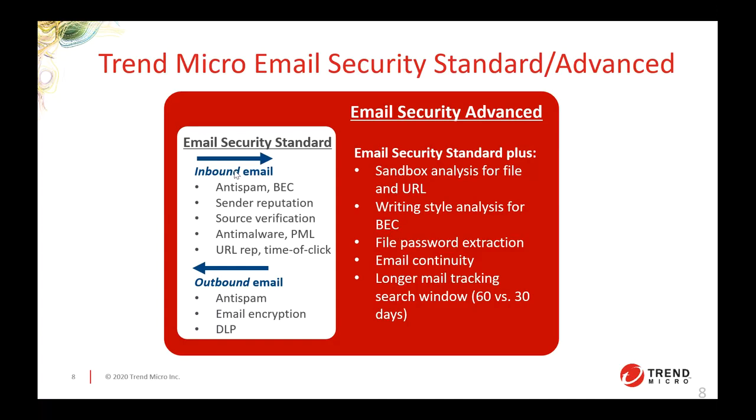And for the outbound mail also, we are providing email encryption, which is also one of the main features, and data loss prevention also there, anti-spam also there. So email encryption, how it is working with Trend Micro: when it is matching the rule, when you are sending mail to someone else, a third party contractor or someone outside your enterprise, it will just encrypt the data with the key and everything.